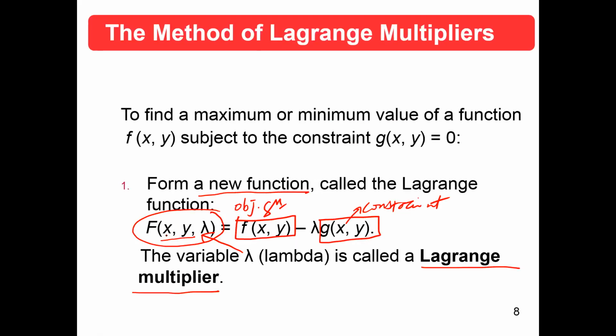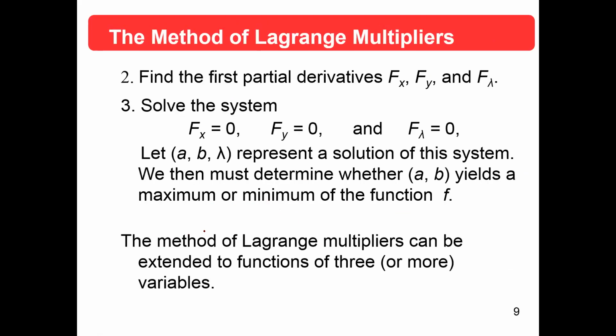There are 3 variables now for the function you just constructed: x, y, and lambda. So let's take the partial derivative of each and set them equal to 0. Kind of like finding the critical point, right? So set the 3 first partial derivatives all equal to 0.